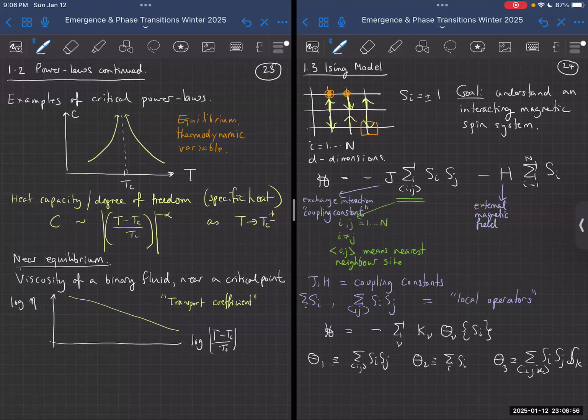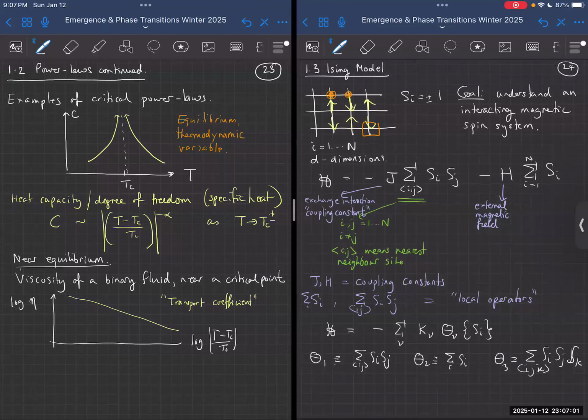That could be an example. And if we had such a thing, then we would say that, in this example here, k1 is equal to J, k2 is equal to h, and k3 equals 0, because there isn't such a term in the Ising model.